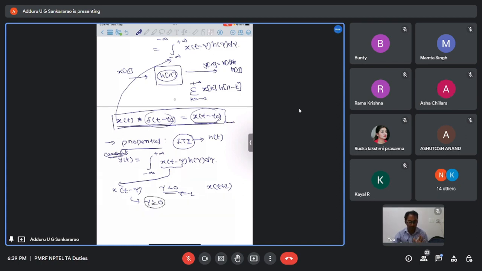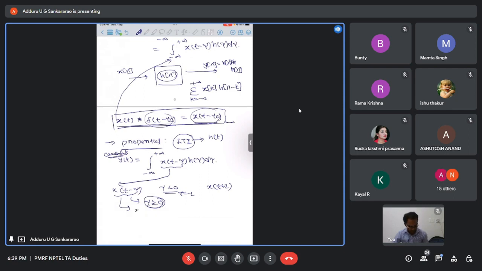The system to be causal should depend on the present or past values of the inputs. That means when tau is greater than or equal to 0, then only the present or past values of input are used.